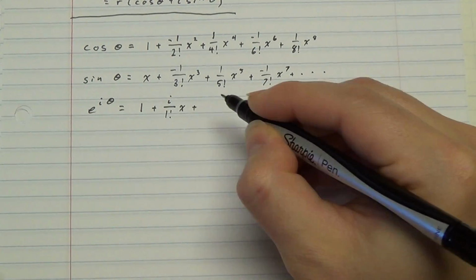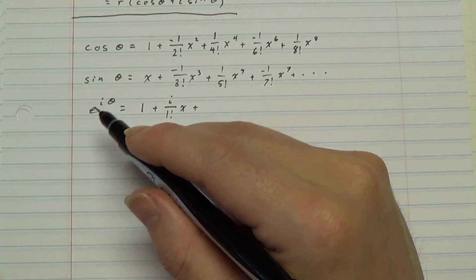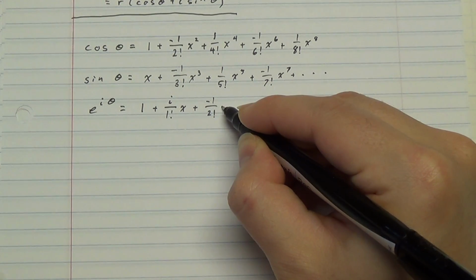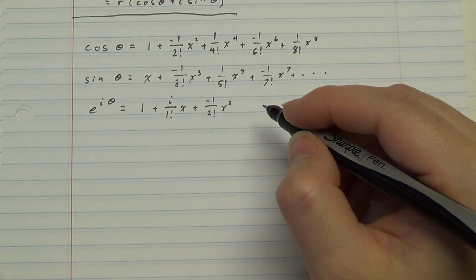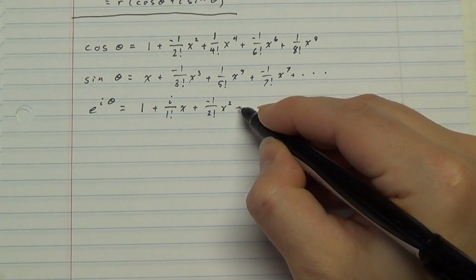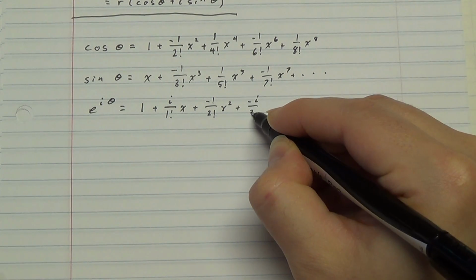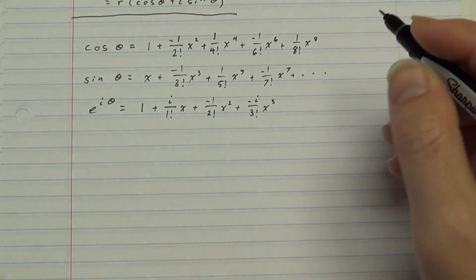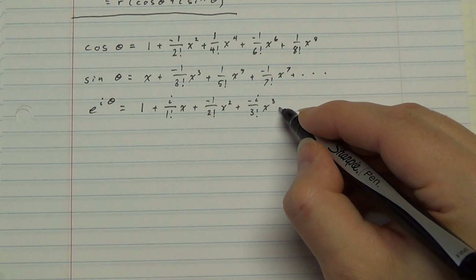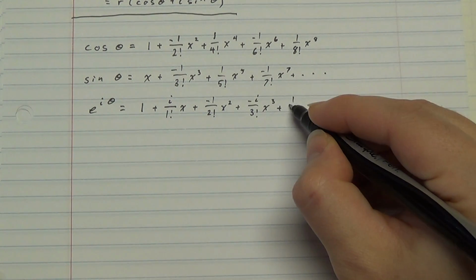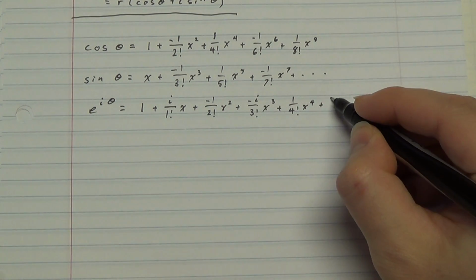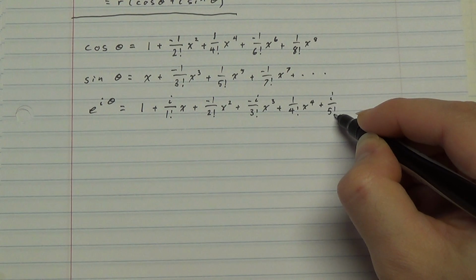Second derivative is negative 1 e to the i theta, negative 1 over 2 factorial x squared. Okay, third derivative is negative i over 3 factorial x to the third. And the next one will be back around to 1, so the pattern takes shape now. 1 over 4 factorial x to the fourth, plus i over 5 factorial, and so on.